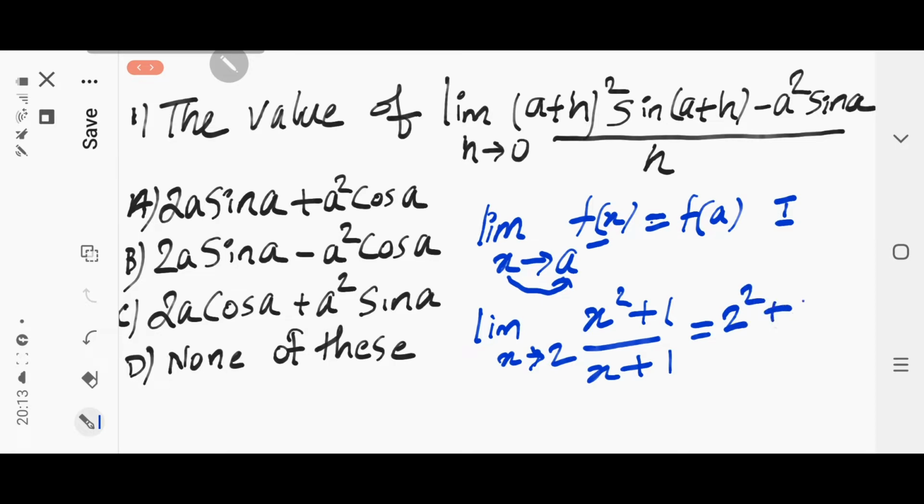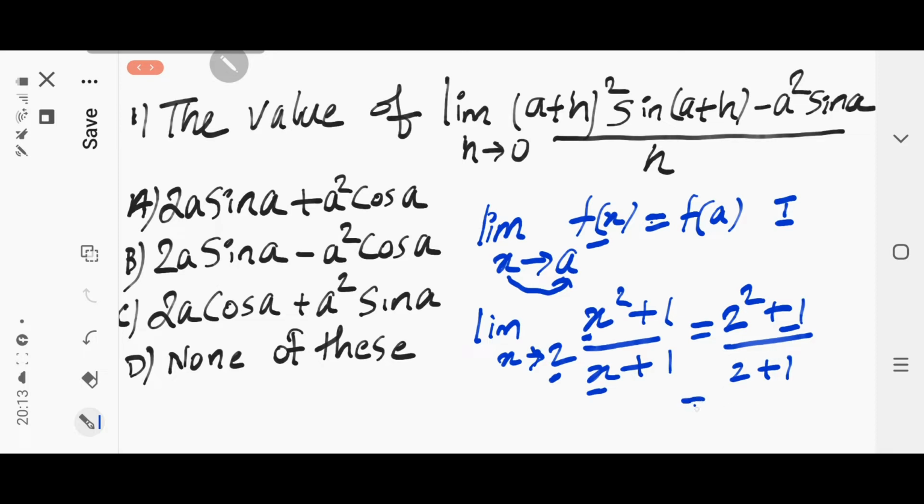So it is 2 square plus 1 by 2 plus 1. In the place of x square it is 2 square plus 1, the whole divided by x plus 1, and again in the place of x you put 2 plus 1.